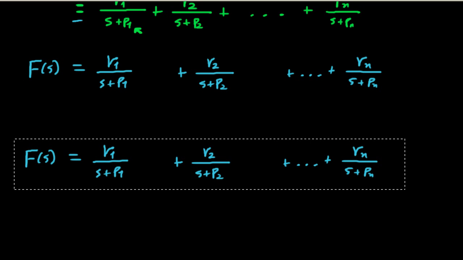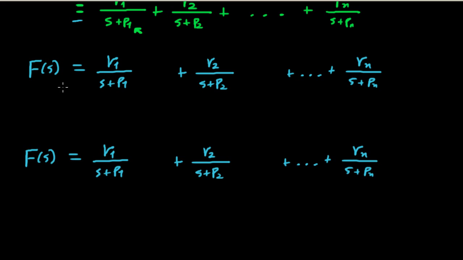So if we multiply both sides of the equation by s plus p1, I have to multiply all of them by s plus p1.